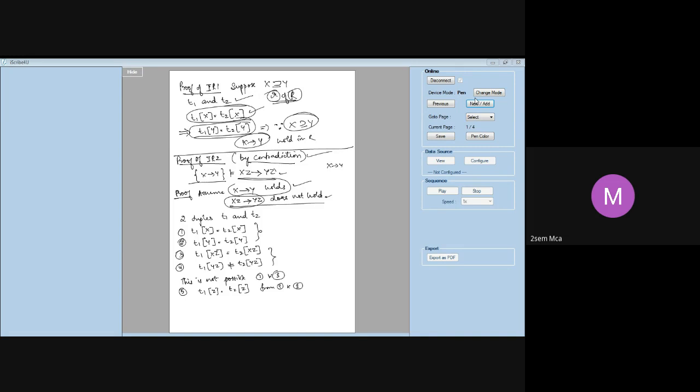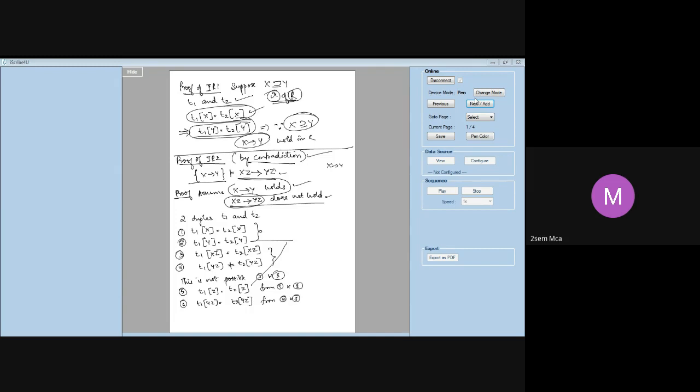And then from 2 and 5, look at 2 and look at 5. This is our 5. T1 of Y is equal to T2 of Y. T1 of Z is equal to T2 of Z. So I can always write T1 of YZ is equal to T2 of YZ. This is again from 2 and 5.